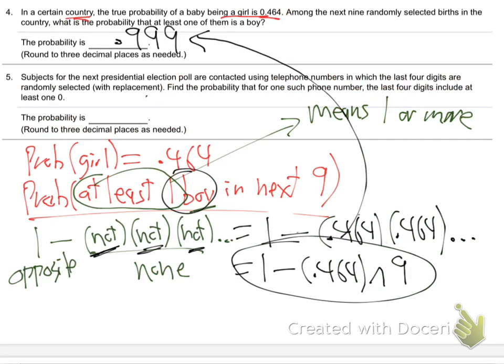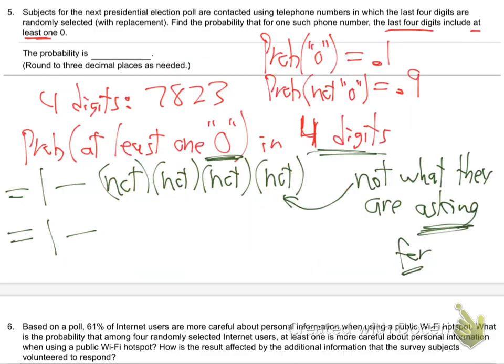Like in the last question, they were asking for a boy, and the one before that, a girl. So this really means not a 0. Because that's what they're asking for: at least 1 zero.